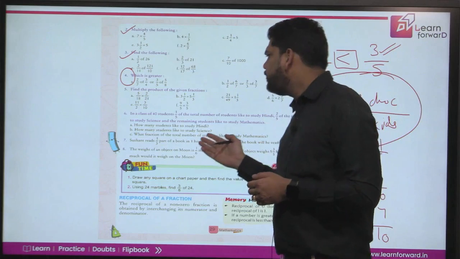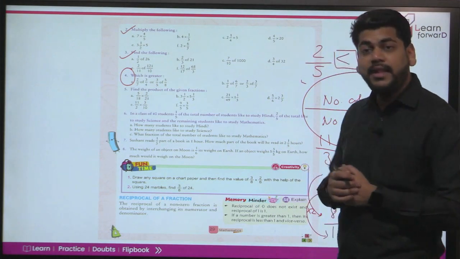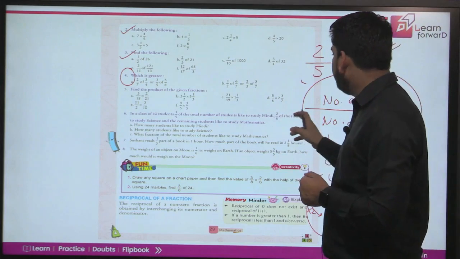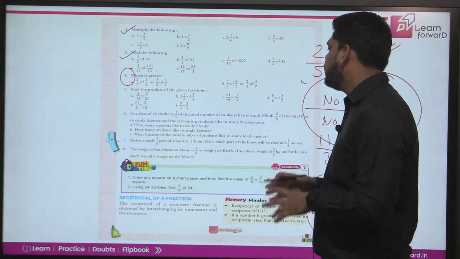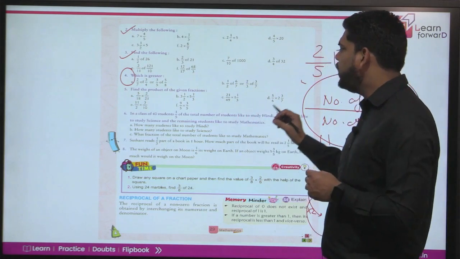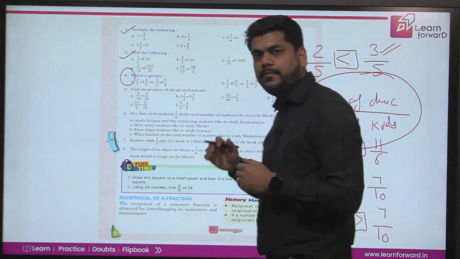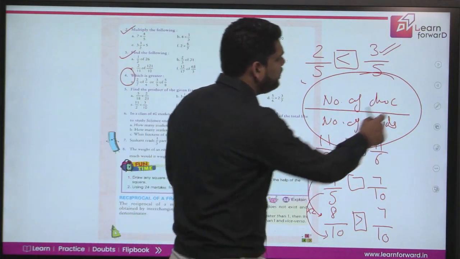In a class of 40 students, 1/5 of the total number of students like to study Hindi. 2/5 of the total students like to study science, and the remaining students like to study mathematics. How many students like to study Hindi? How many like to learn the Hindi language?